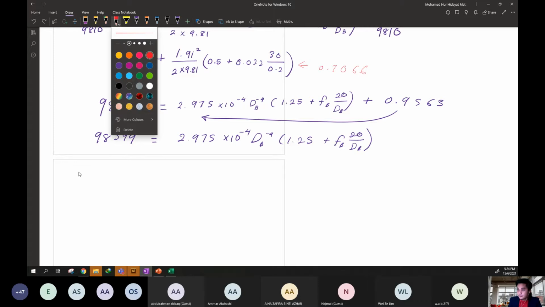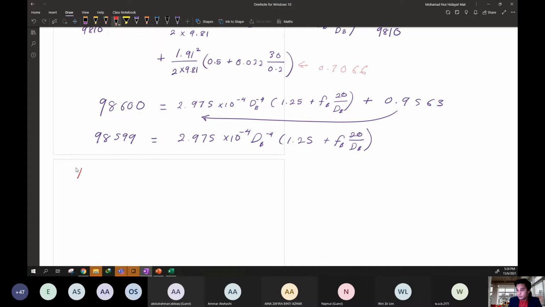I want to use the trial and error method. Okay, first you try to substitute.